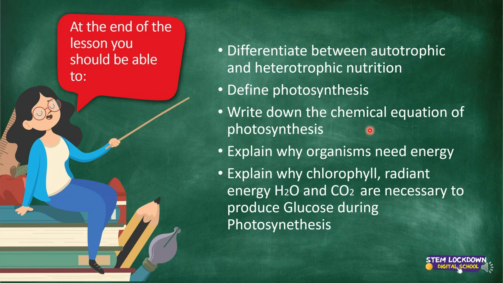You should be able to explain why organisms need energy. And also, you should be able to explain why chlorophyll, radiant energy, H2O, CO2 are necessary to produce glucose during photosynthesis. Okay, so these are our lesson objectives, right? What you need to take home from this lesson.